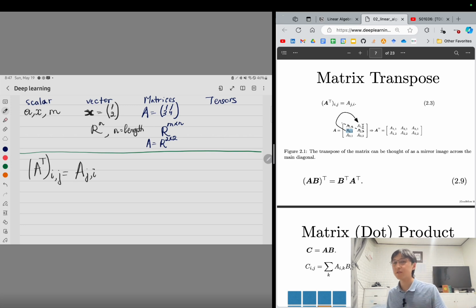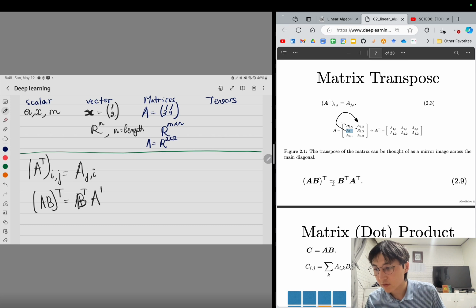Simply, if someone asks you what a matrix transpose is, it is flipping the matrix around horizontally or vertically so that the places of each element change symmetrically based on the diagonal. That's all. And as we are dealing with linear algebra, we can say that (AB)^T equals B^T A^T.